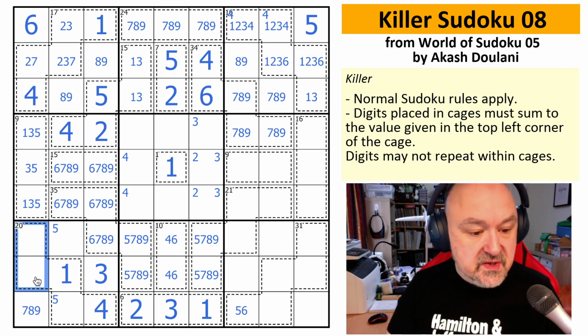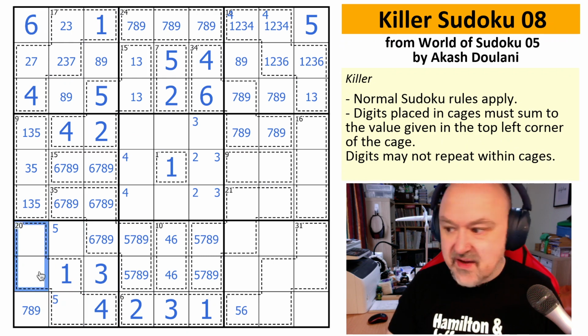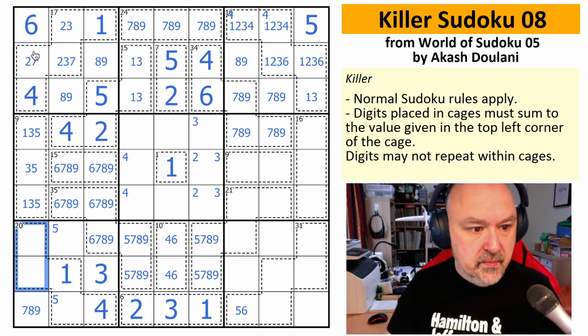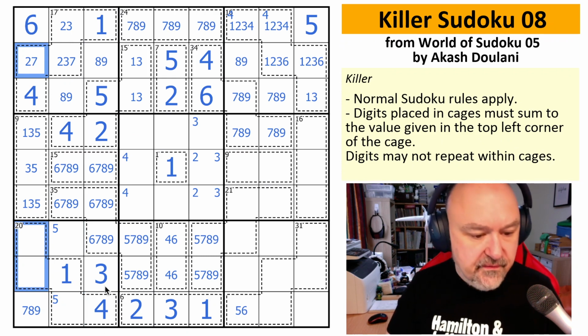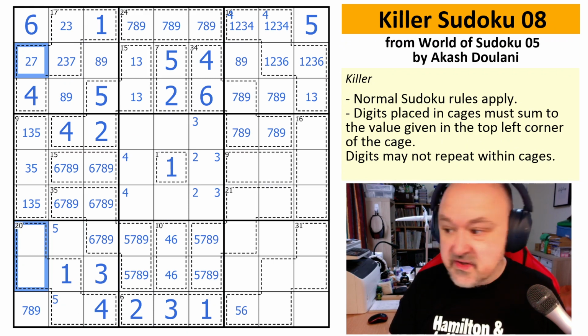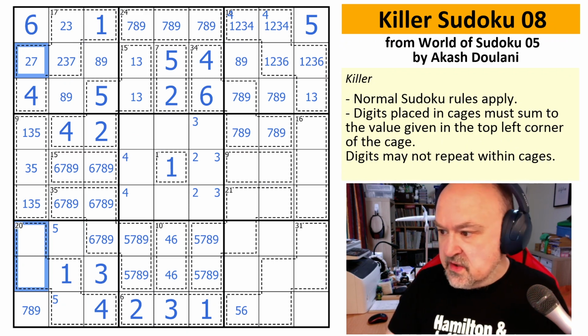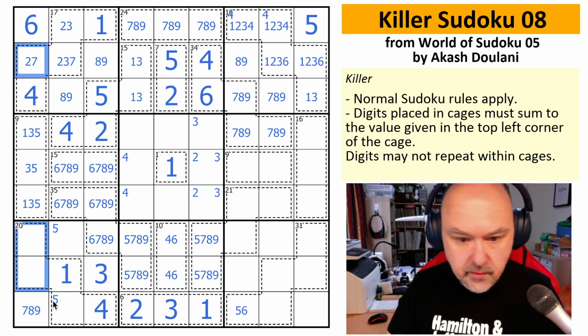I'd have to put 2 and 7 there, which I cannot do, because 6 would have to go here because of that 6. 2 and 7 there would mean that cell would have no valid option. So I can remove 1, 2, 4, 6, 7. 1, 3, 4, 5, 7 I can't do because there's a 3 in the box. So 1, 2, 4, 5, 8 has to be the option.